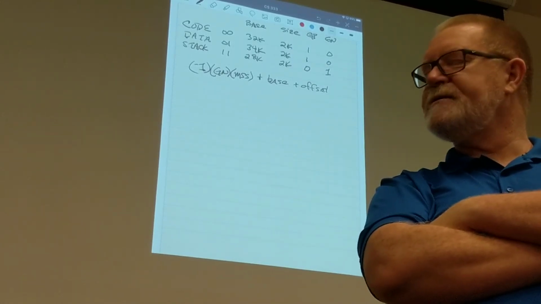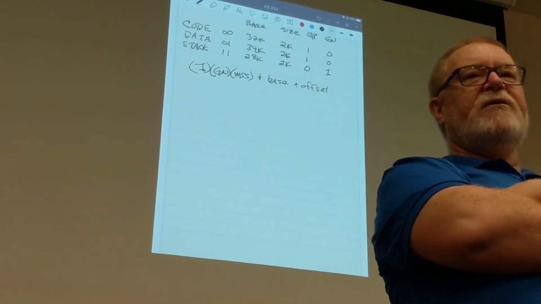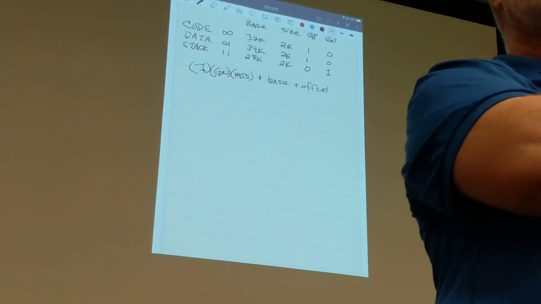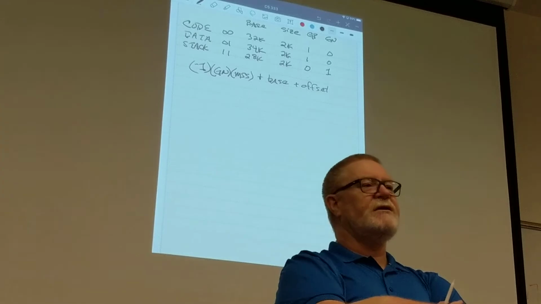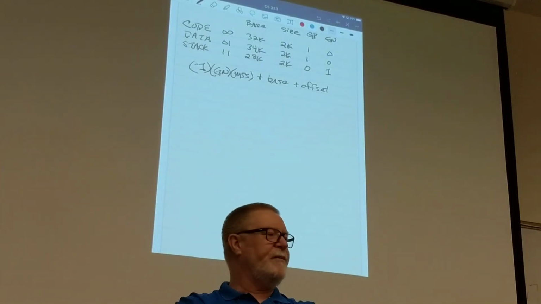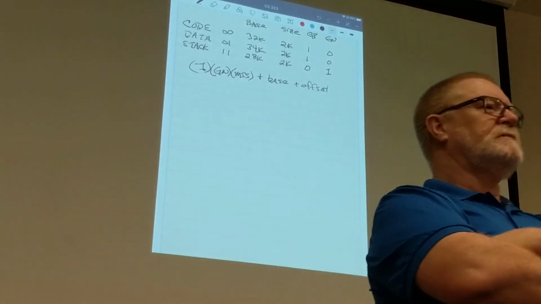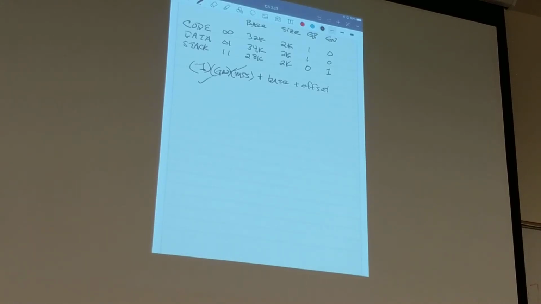Now, if the segment grows positive, it turns out the base is the lowest address in the segment, isn't it? So if you grow positive, we want the formula to be base plus offset. So it turns out that if it grows positive, this term falls out and goes to 0.